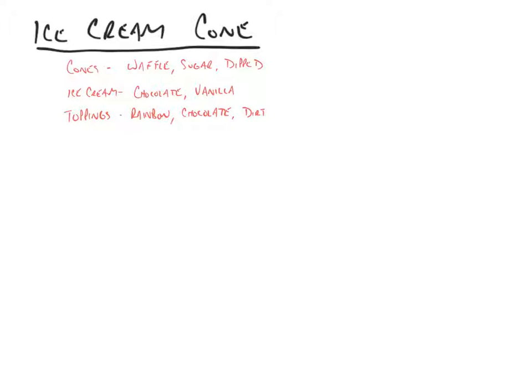To do that, we used a tree diagram and said that before you make any decisions, the first thing you're going to have to do is pick between your cones, which are waffle, sugar, or dipped cones. Once you do that, you're left with the question of what type of ice cream you want. There are 2 types, chocolate or vanilla. So there are 2 more branches extending from each of those original 3 branches.